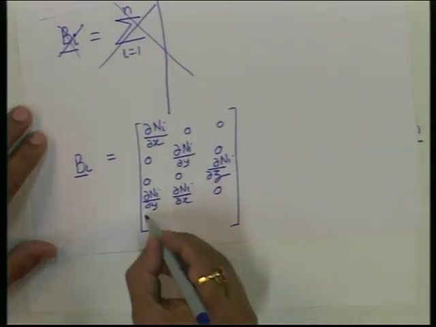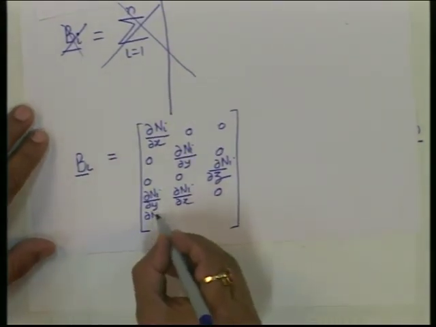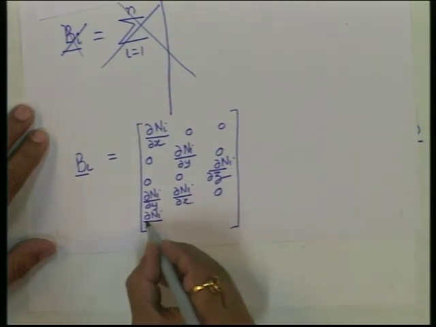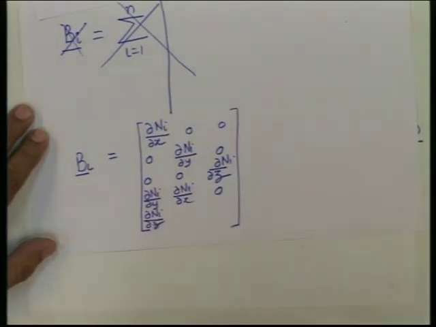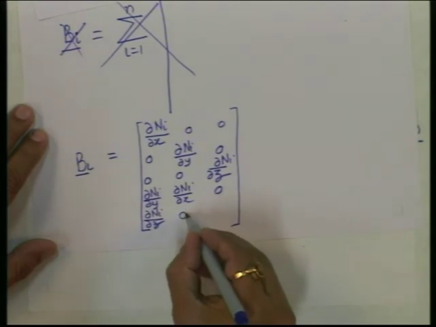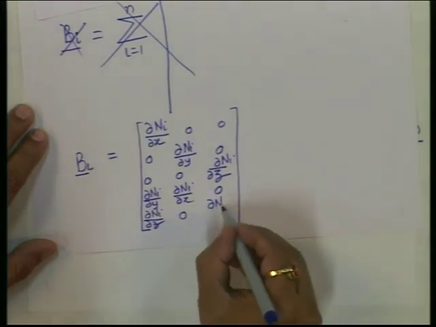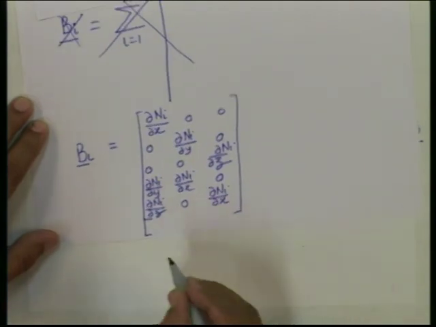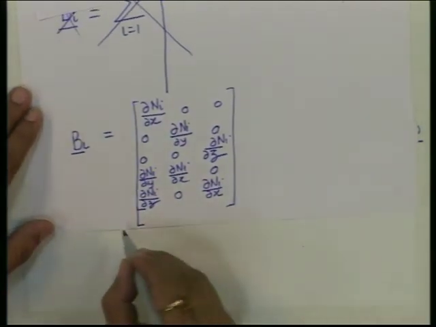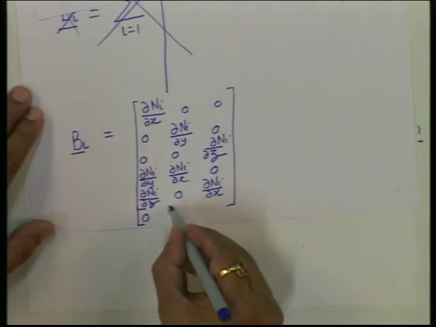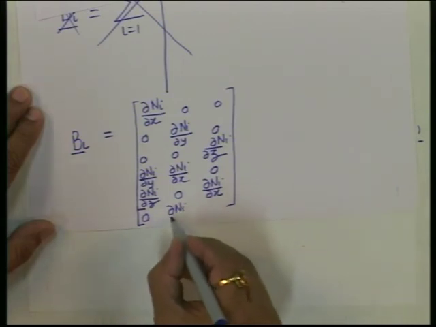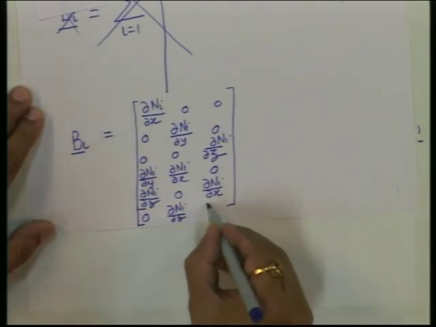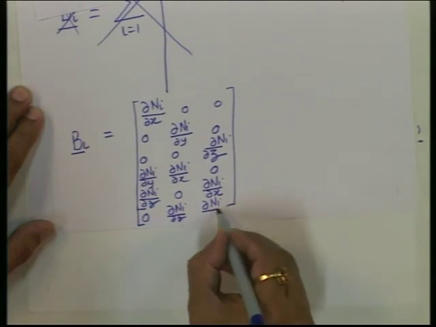Second one dN i by dz, then dN i by dy, dN i by dx, and lastly 0, dN i by dz and dN i by dy.